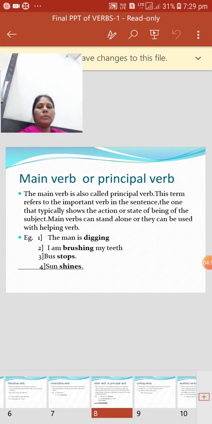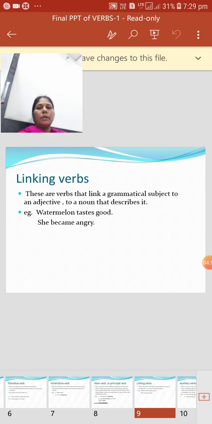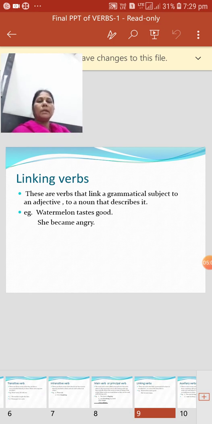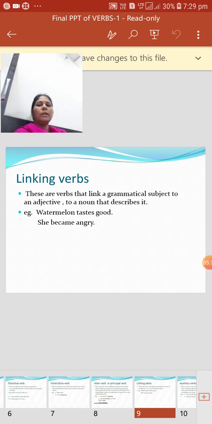Now we will come to the next type, linking verbs. These are verbs that link a grammatical subject to an adjective or to a noun that describes it. See, the adjective and noun both are linked by the word, and that verb is called a linking verb. For example, watermelon tastes good. Watermelon is a noun.